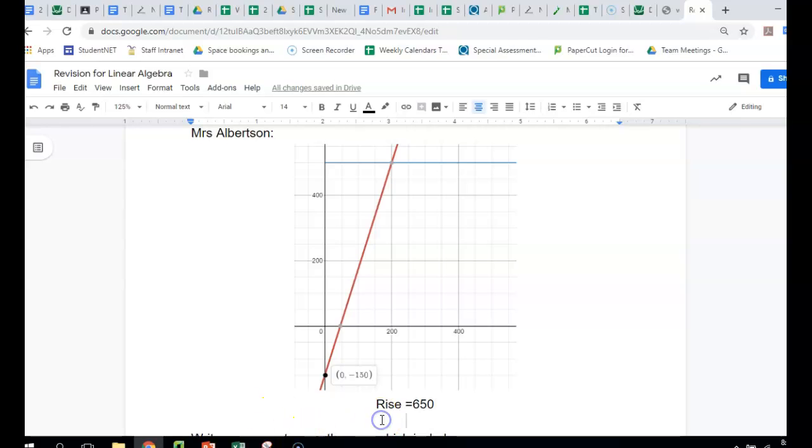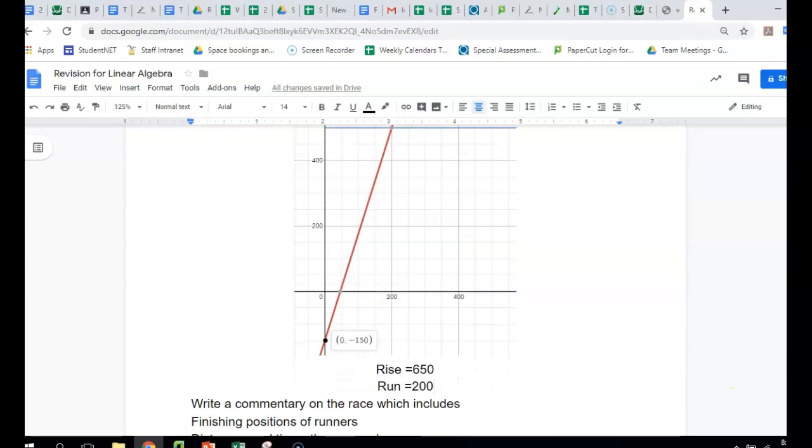And her run is how far across she's gone, how much time she's taken to run that far, and that is 200 seconds to run 650 metres.